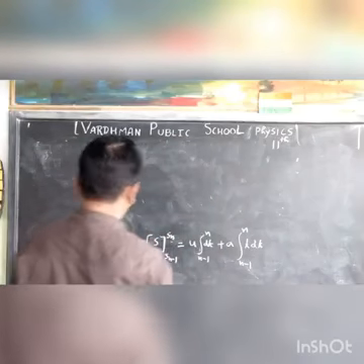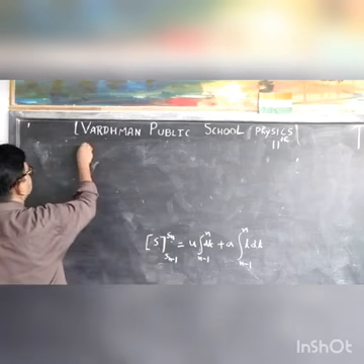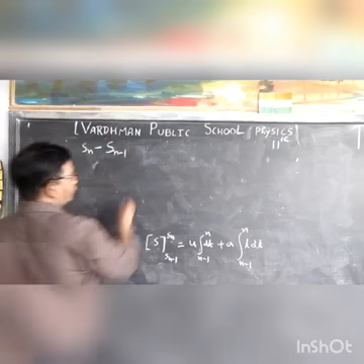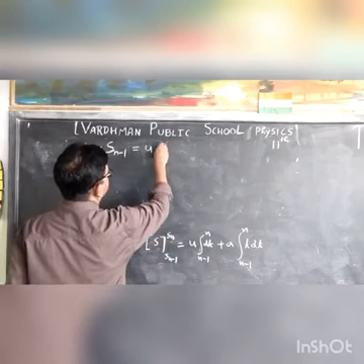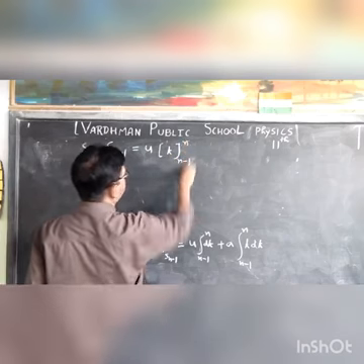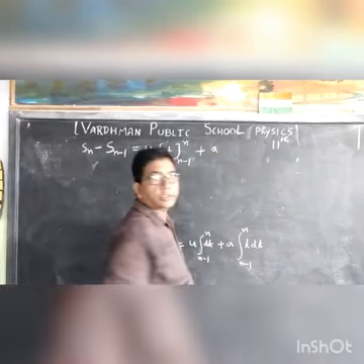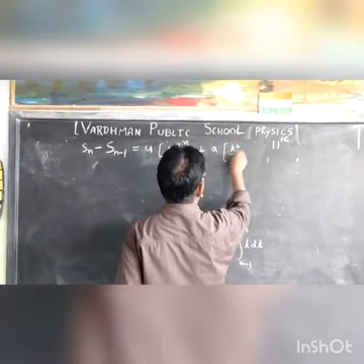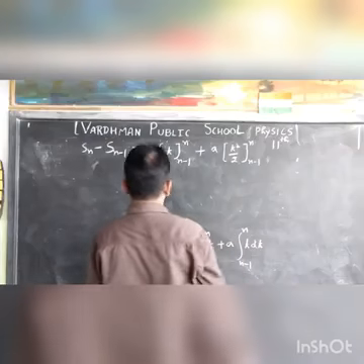Here upper limit minus lower limit: Sn minus Sn minus 1 is equal to u times t, the integration of dt, upper limit n and lower limit n minus 1, plus a times t square upon 2, upper limit n and lower limit n minus 1.